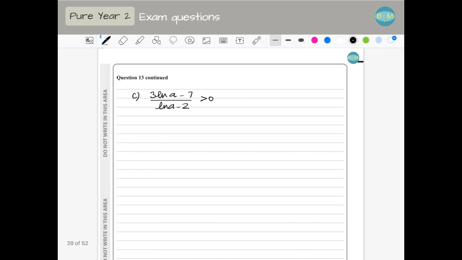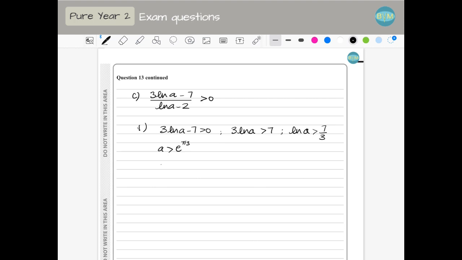So let's go and see the options. Option 1, both positive: 3 ln a minus 7 greater than 0. That would mean 3 ln a greater than 7, so ln a greater than 7/3, which will mean a greater than e to the power of 7/3.